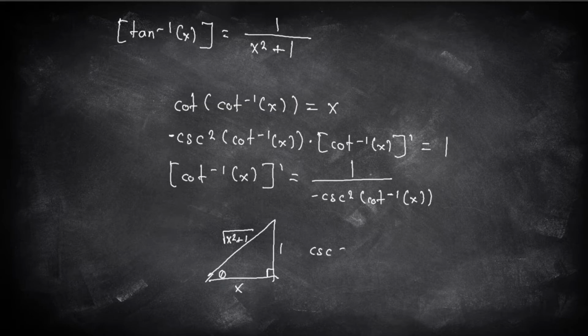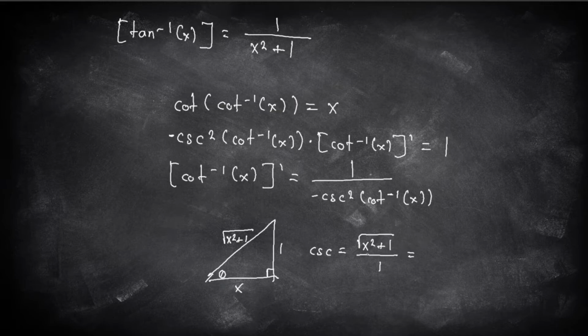Cosecant is hypotenuse over opposite, so square root of x squared plus 1 divided by 1.